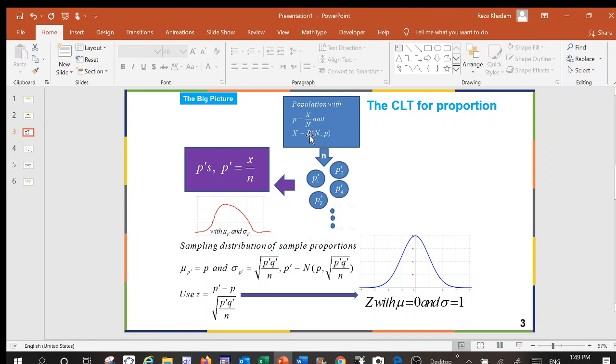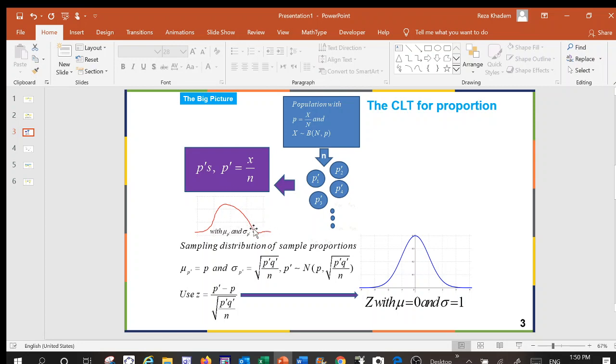So you take a sample, let's say of 50 students, and count how many students say yes. Then that would be your x. So x is the number of successes, and you divide it by the sample size and you get the proportion of that sample. If you keep doing that, then we will have a bunch of p primes, and the p primes will make an approximately normal distribution with a mean and a standard deviation.